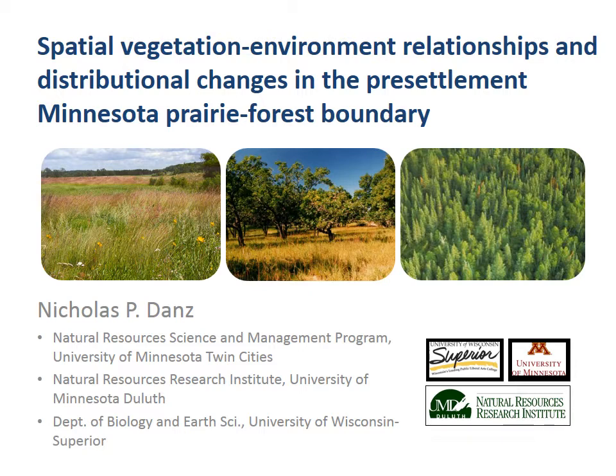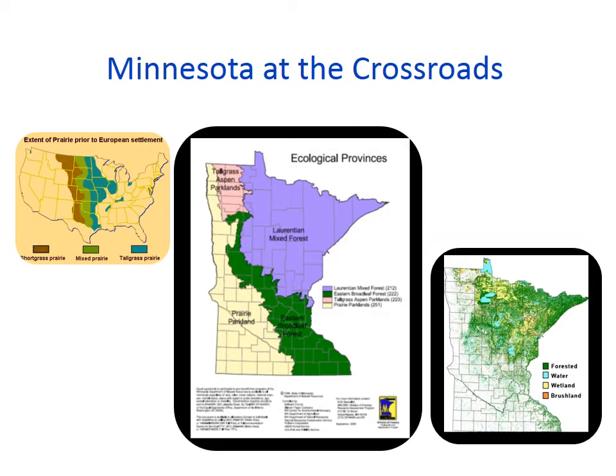So the main example in this lecture is the prairie forest boundary in Minnesota, and this is based on work by my former PhD student Nick Dons, who's now at the University of Wisconsin-Superior. In Minnesota, we sit right at the edge of the prairie.